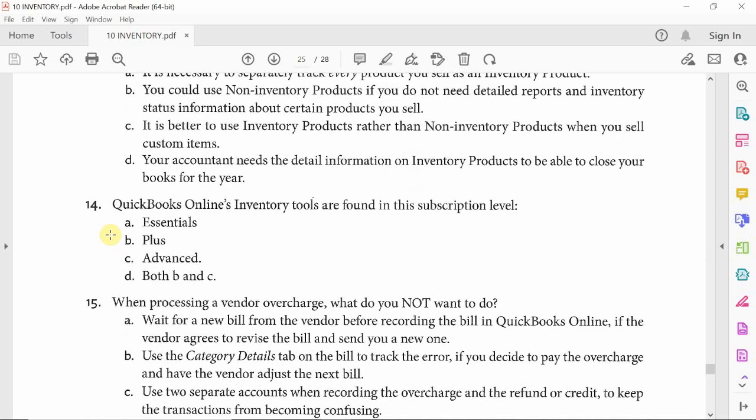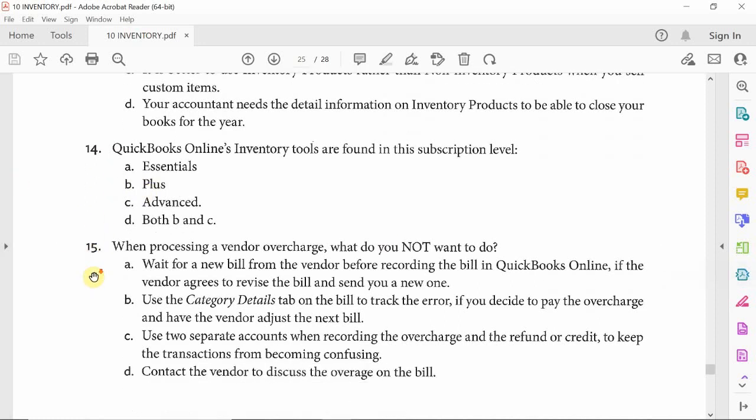Every subscription you move up to has all the features of the previous one plus more. So if Plus is the third one, the one after that is Advanced, which will also have inventory plus more. So it is in the Plus and Advanced subscriptions.